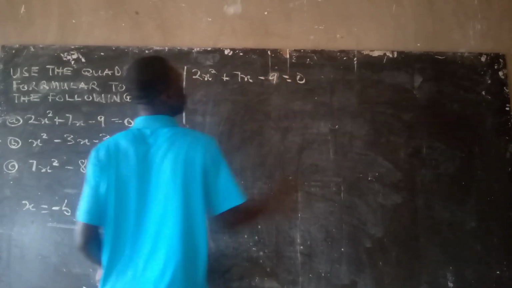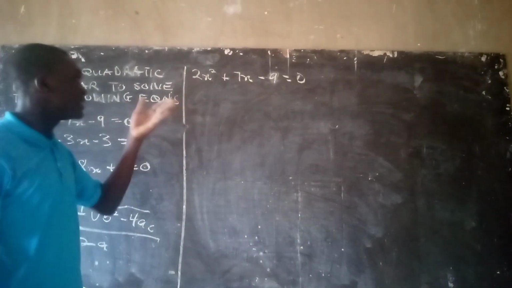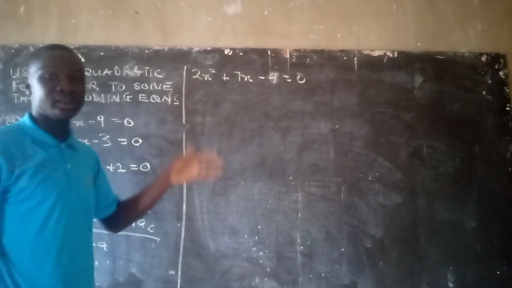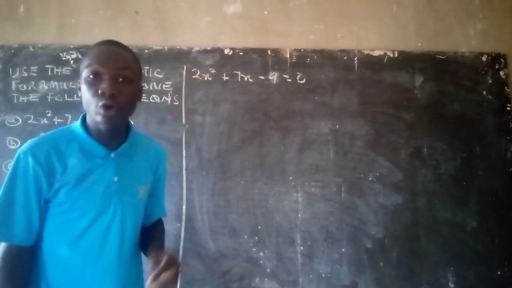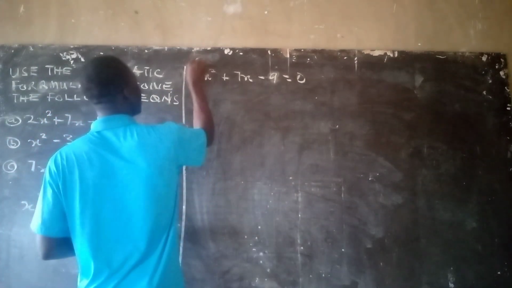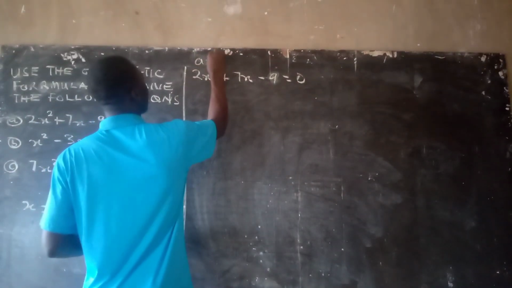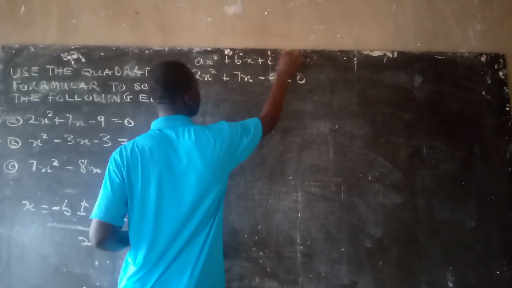So now we have to find which of them is a, b, and c. To do that, you have to compare this to the general quadratic equation, which is ax squared plus bx plus c is equal to 0.